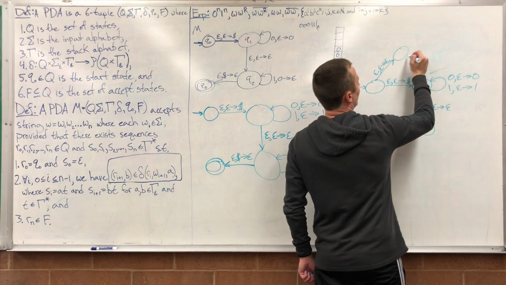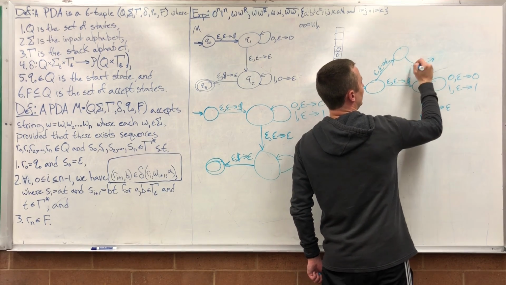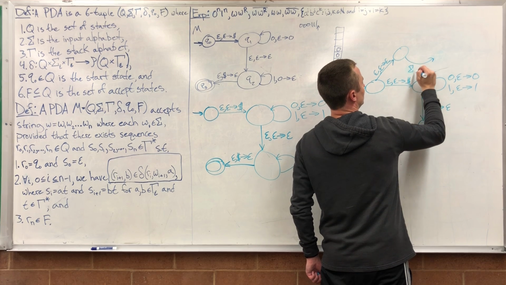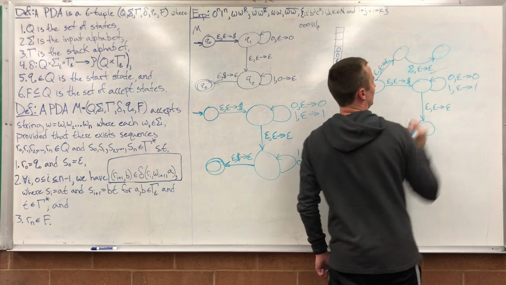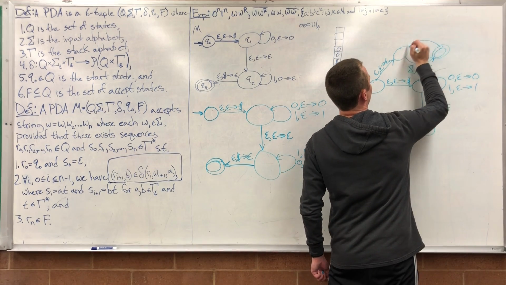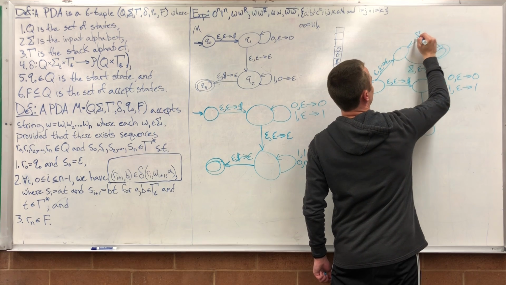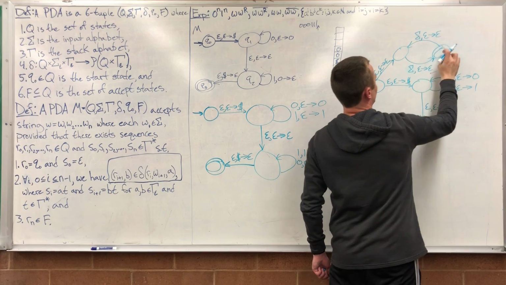Alright. So reading any input symbol, sigma, pop nothing, push nothing, which will take you over here. This is our accept state. And then reading any input symbol, push nothing, pop nothing, which will take us over here.